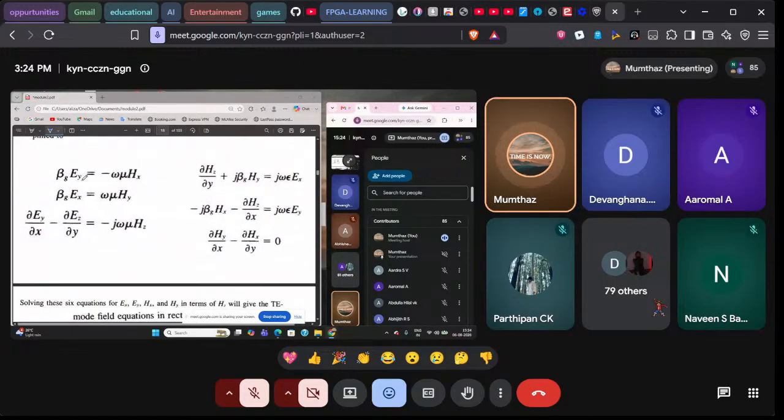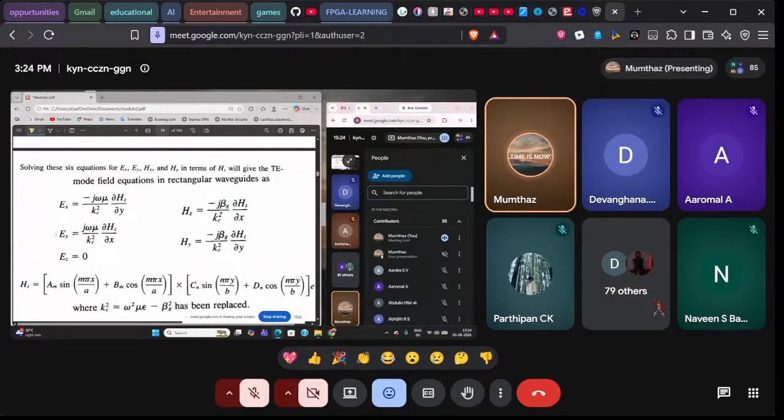So by rearranging everything, you will get the equation for Ey here, Ex you will get in terms of Hy, and Ey then we put Ex, etc. Okay, we'll get them here and here. Then we know that for TE mode, Ez is equal to 0, but Hz is present. So for Hz, we have to expand this equation to these much bigger equations.